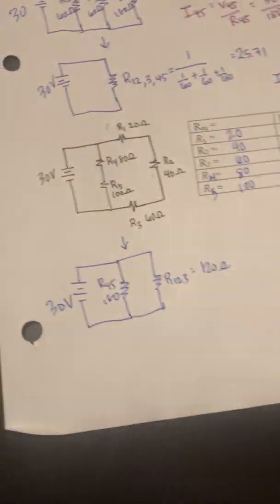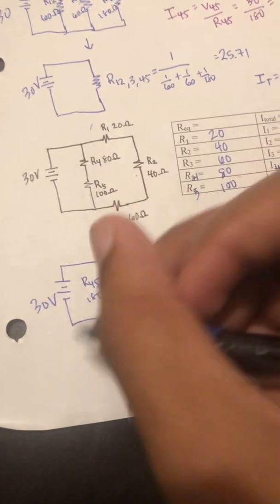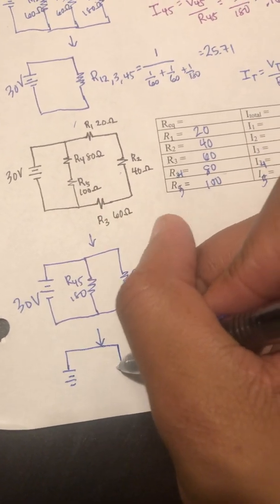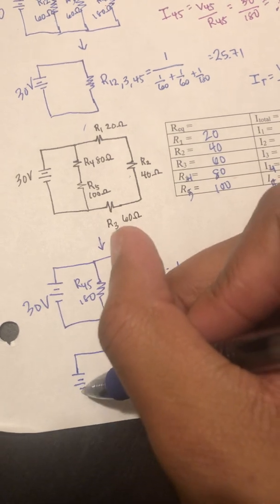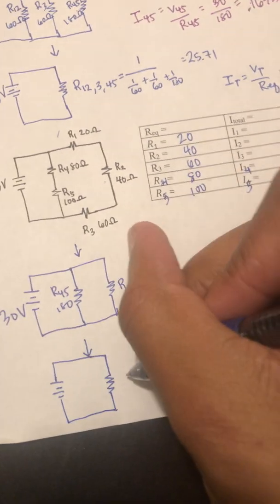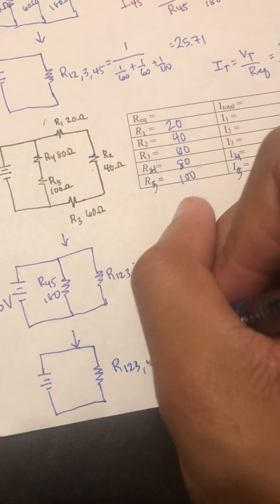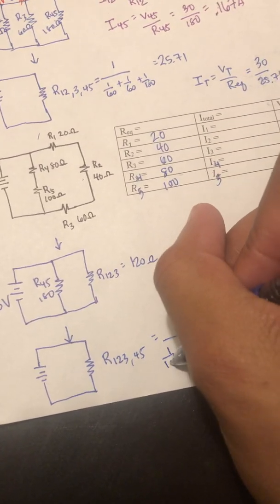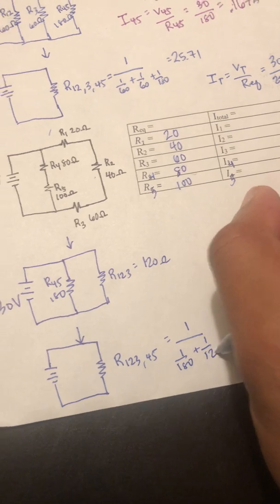All right, and 30 volts. Let's simplify this again to get one resistor. This will be R1,2,3 comma 4,5, which will be 1 over 1/120 plus 1/180 because they're in parallel.